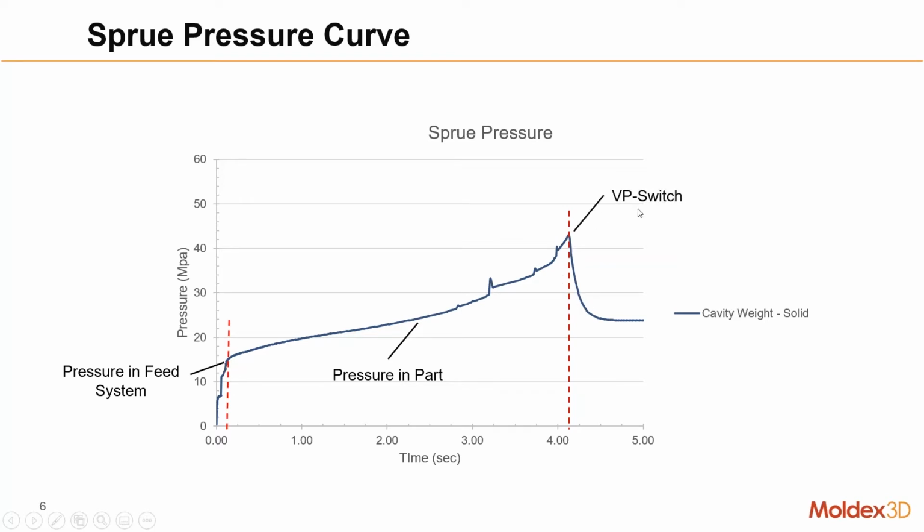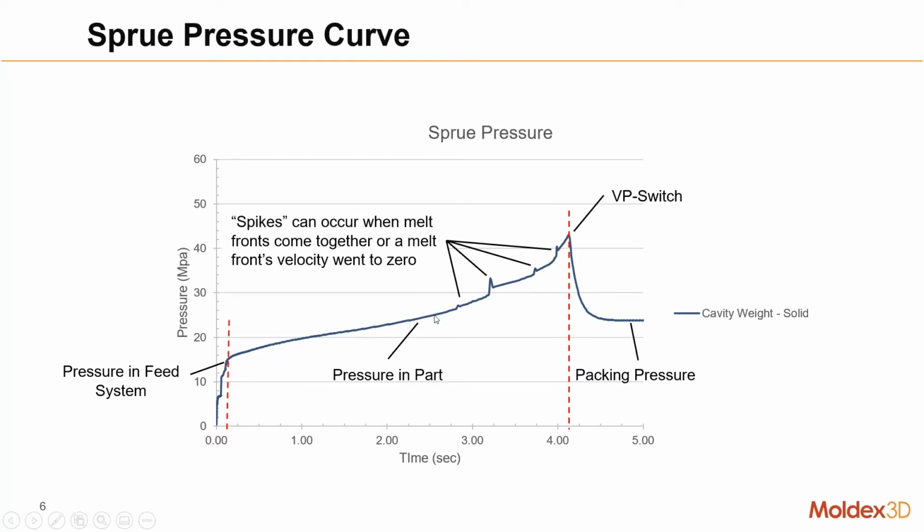This is typically the VP switch point, or the velocity to pressure transfer position, and we'll be talking about this in a little bit. After the VP switch, we drop down the pressure to our constant packing pressure. All right, so that's just a little bit about sprue pressure, just what it is, and how we can evaluate the different sections.